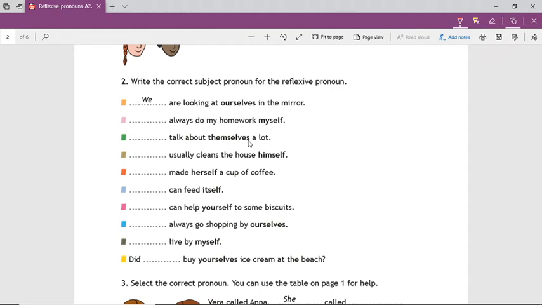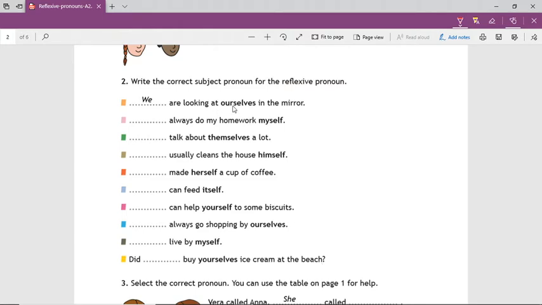Blank talk to themselves a lot. Blank usually cleans the house himself. Blank made herself a cup of coffee. Blank can feed itself. Blank can help yourself to some biscuits. Blank always go shopping by ourselves.